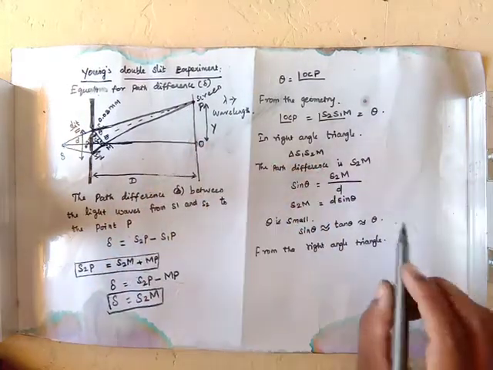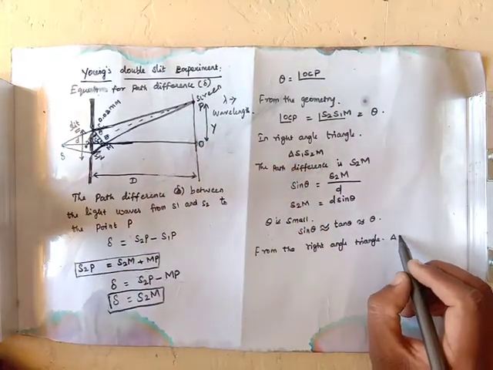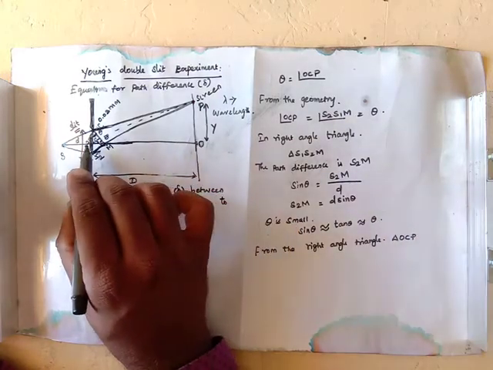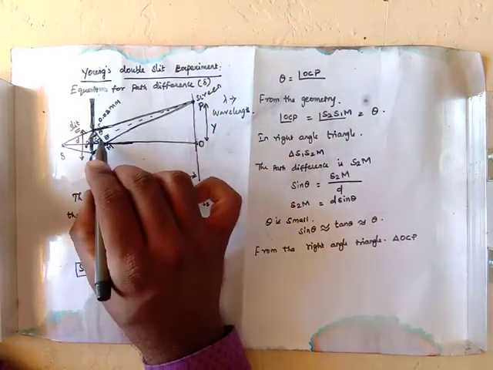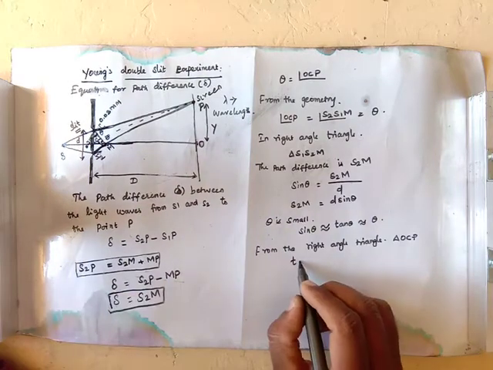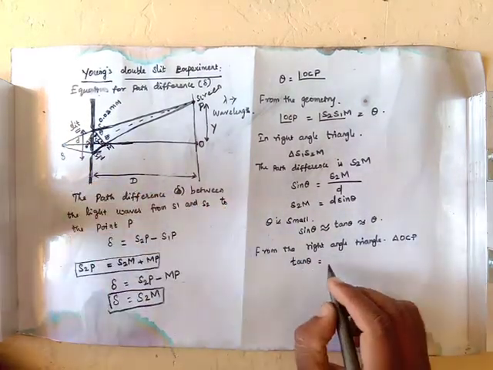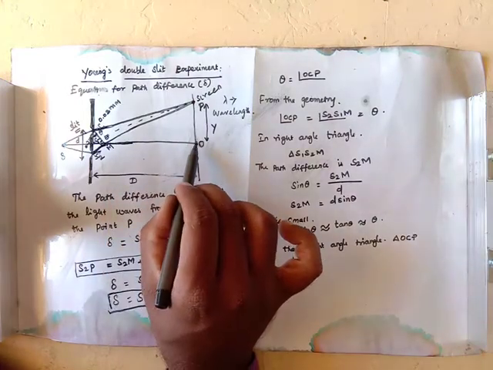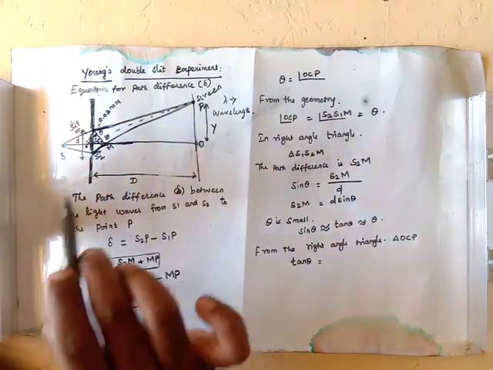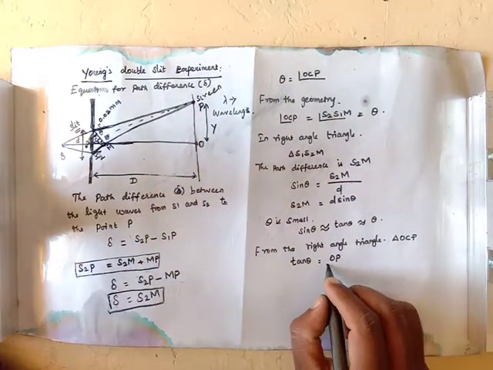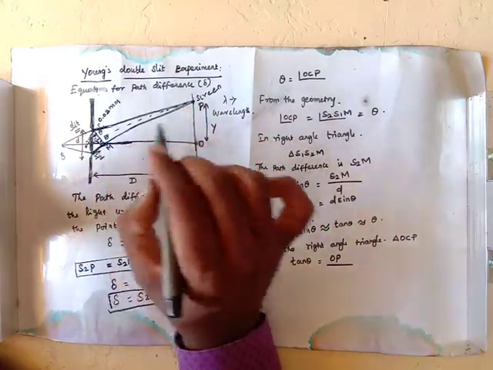Now from the right angle triangle OCP, we are going to calculate the value of tan theta. Tan theta is the opposite side divided by the adjacent side. For triangle OCP, the opposite side is OP. Which is the adjacent side?